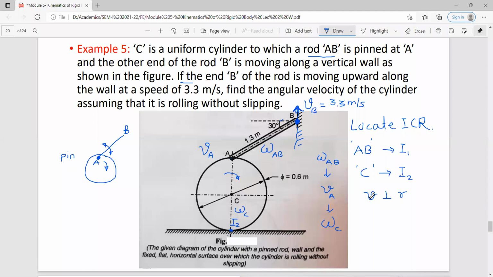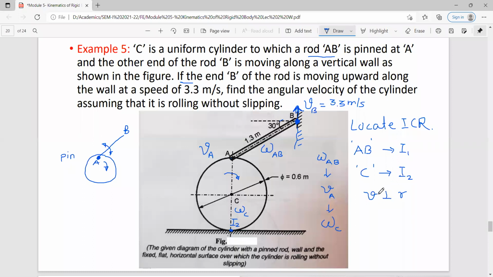So if we draw a perpendicular to the direction of velocity of any point, we can find the ICR of that point, right? So we will be using this.